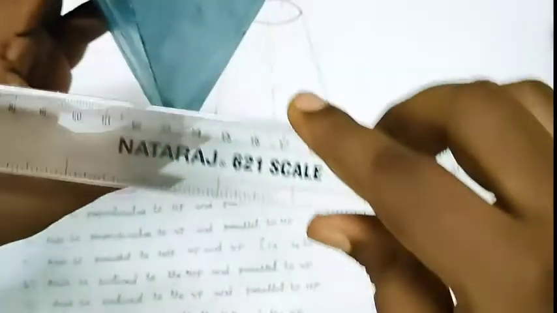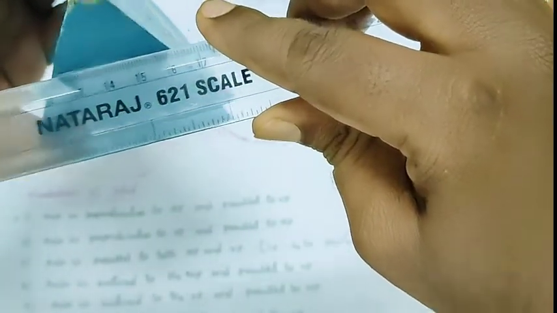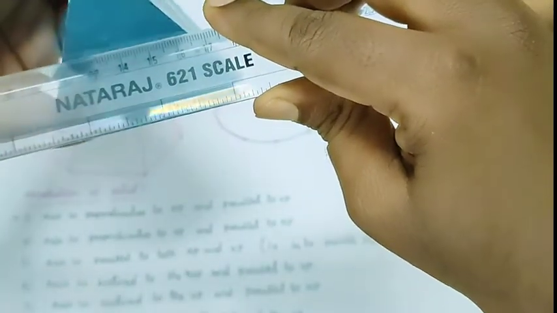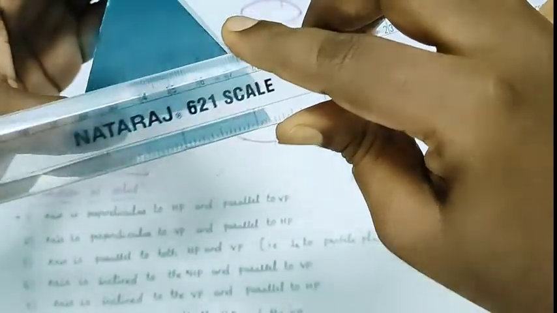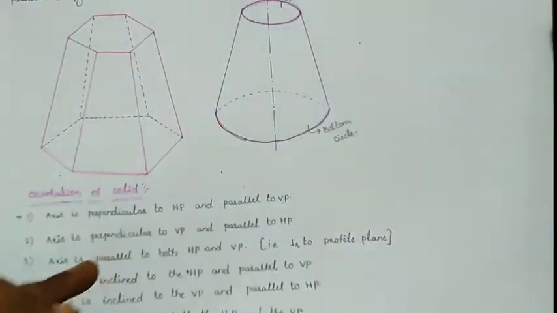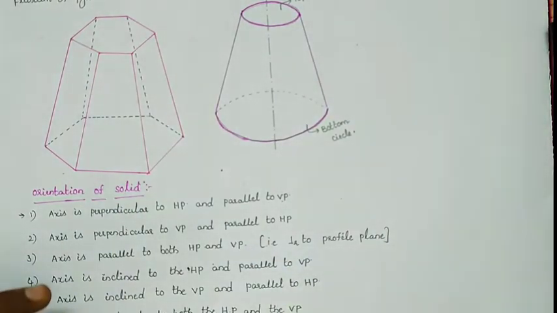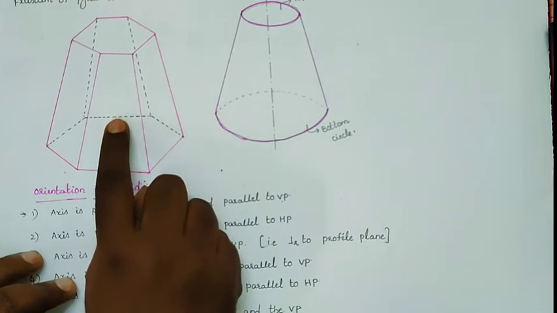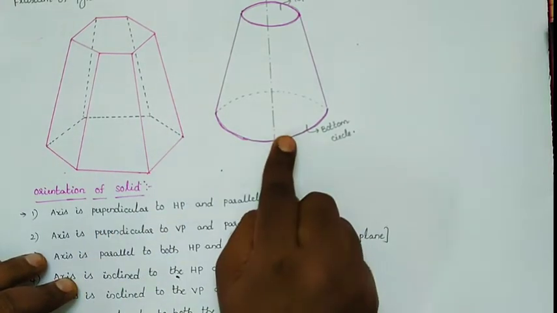If a regular pyramid is cut by a plane parallel to its base and the portion containing the apex is removed, the remaining portion is said to be the frustum of a pyramid. Here this is an example of the frustum of a pentagonal pyramid and this is the frustum of a cone.